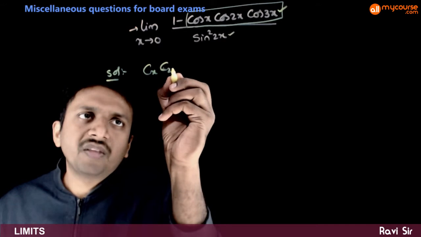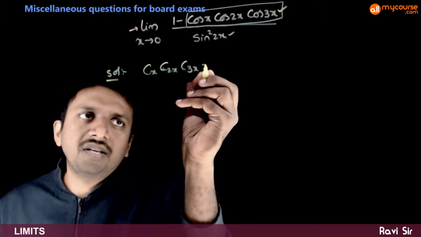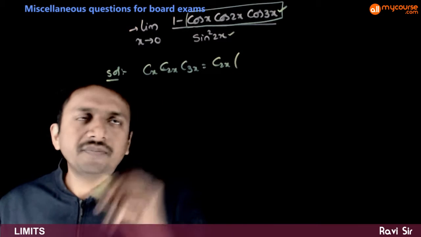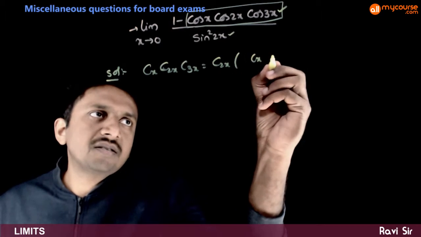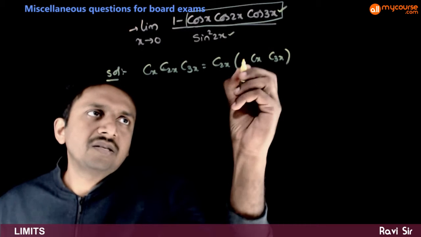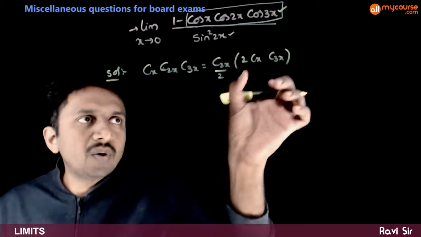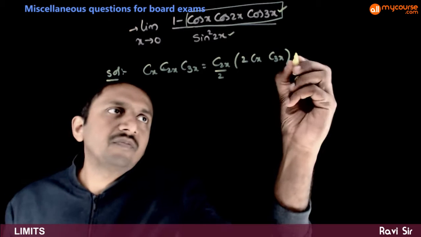Cos x cos 2x cos 3x is equal to, so I'll take cos 2x outside. So cos x, cos 3x. I'll multiply it with 2 and divide this with 2. So what is 2 cos a cos b?